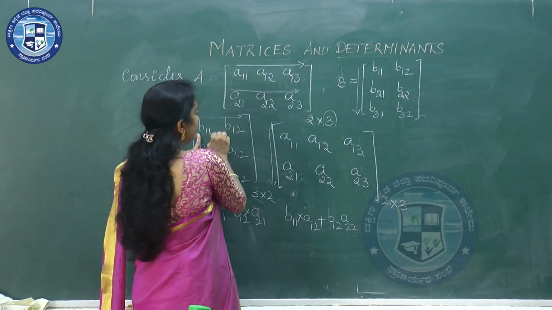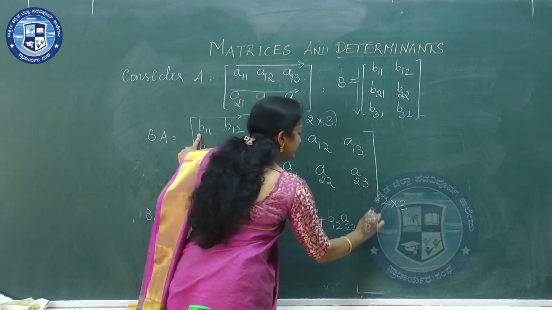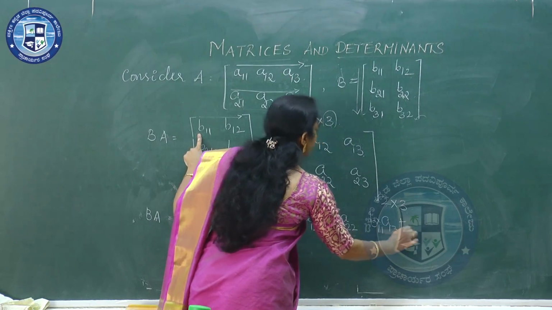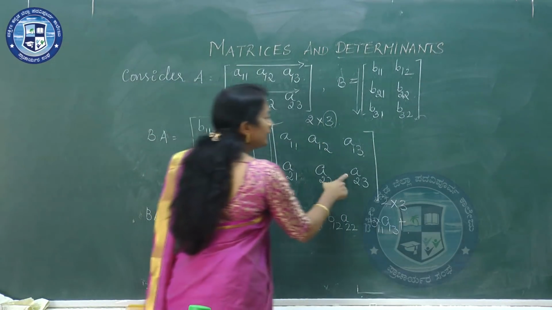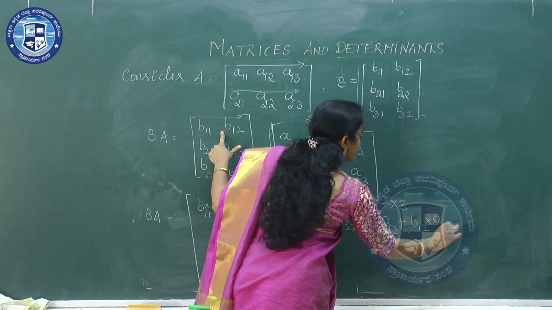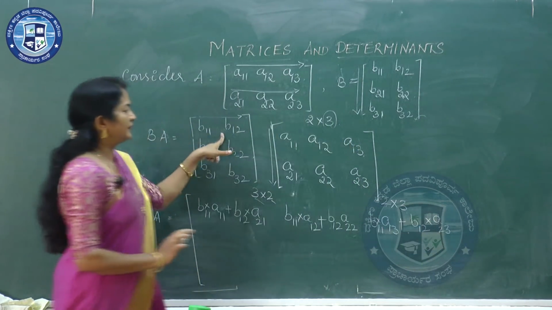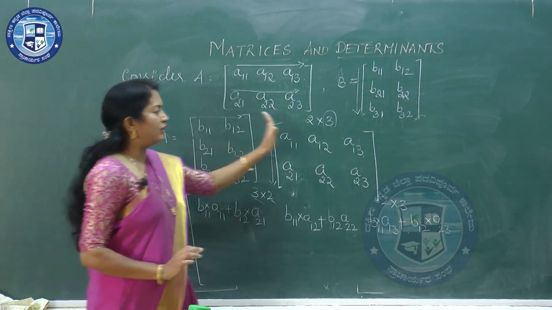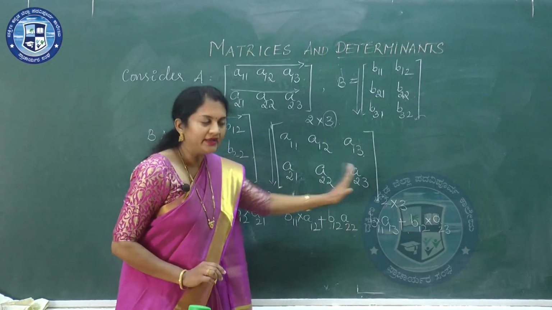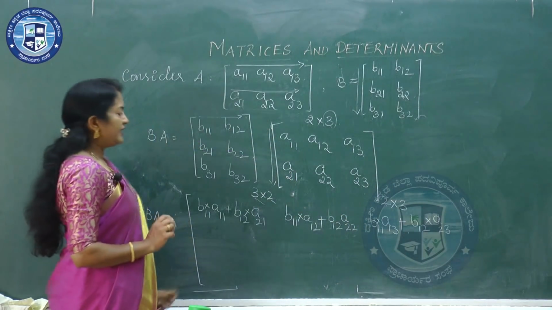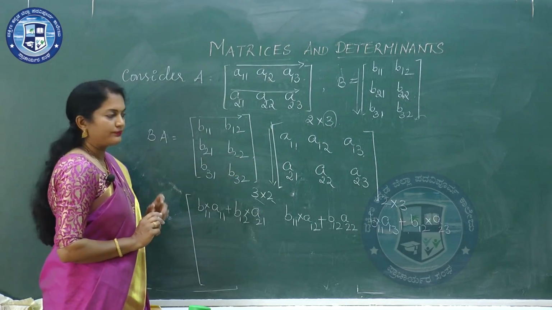So it is B11 into A13 plus B12 into A23. Now no more columns. So with the first row all the columns we multiplied, hence the first row elements are over. Now we are going to the second row.